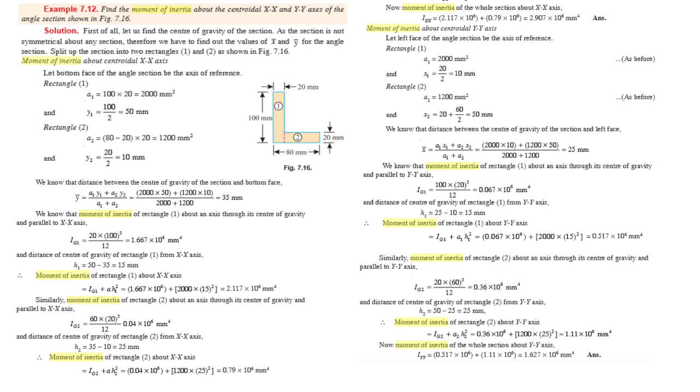The polar moment of inertia is equal to Ixx plus Iyy.